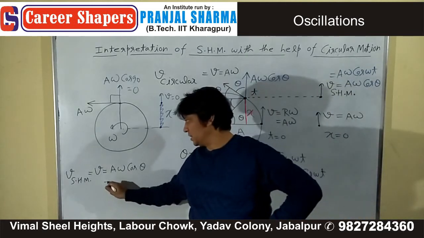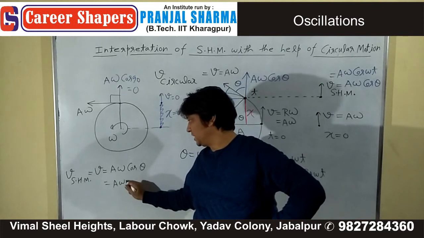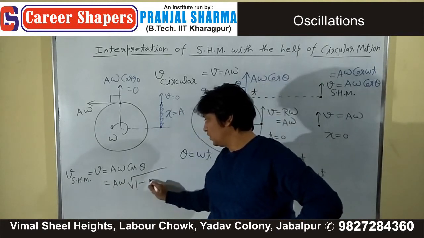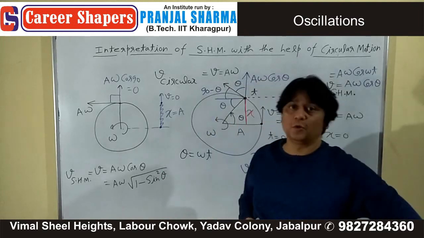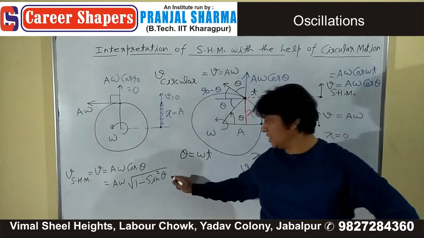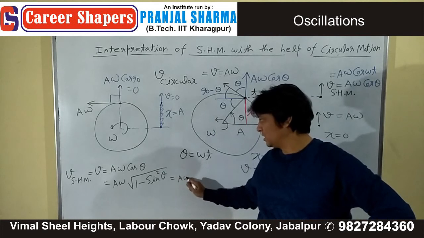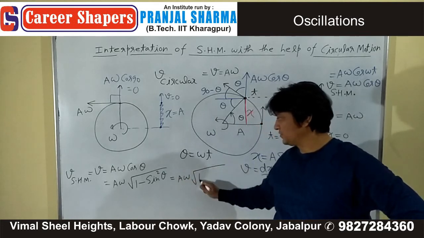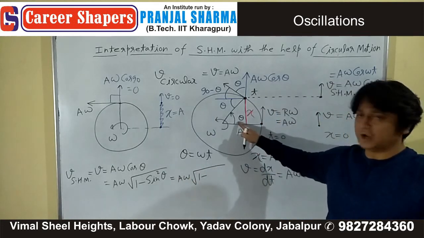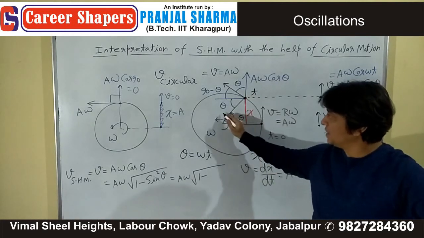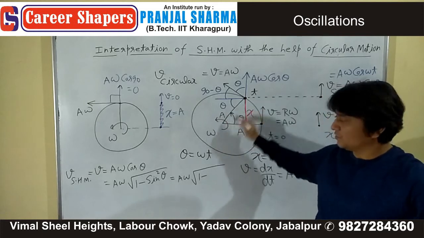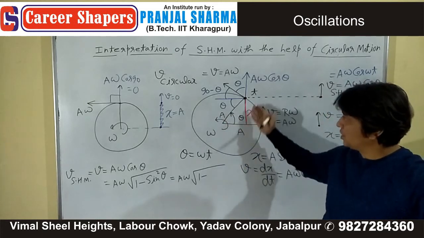Now what is cos theta? You know cos theta is root over 1 minus sine square theta. And what is the value of sine theta? Sine theta is x divided by A. This length is A. Perpendicular upon hypotenuse.